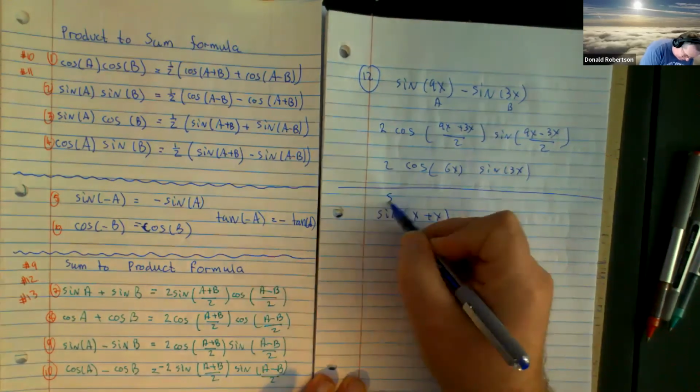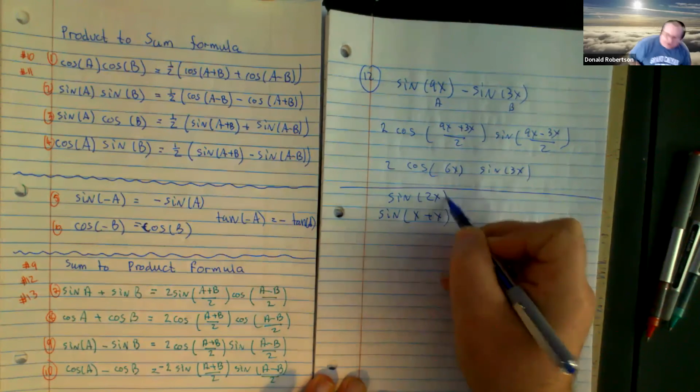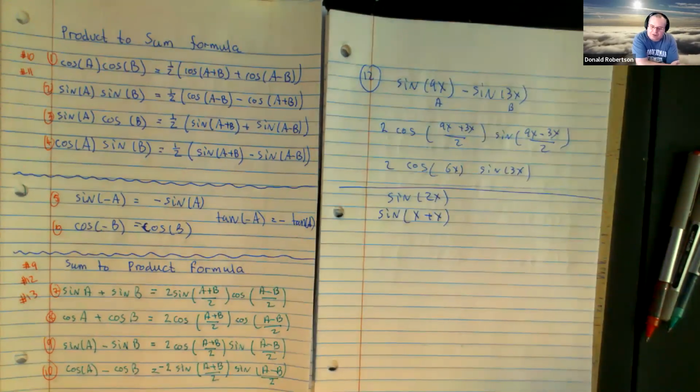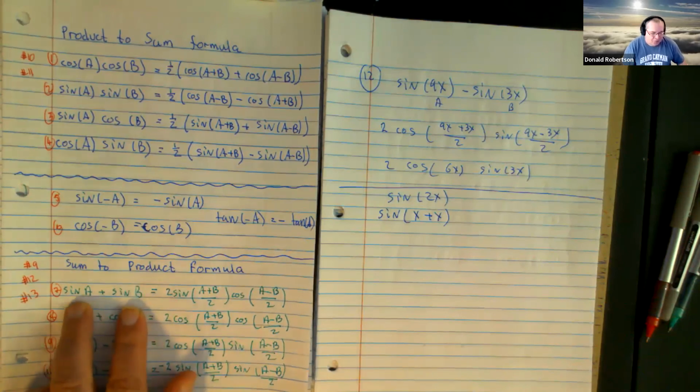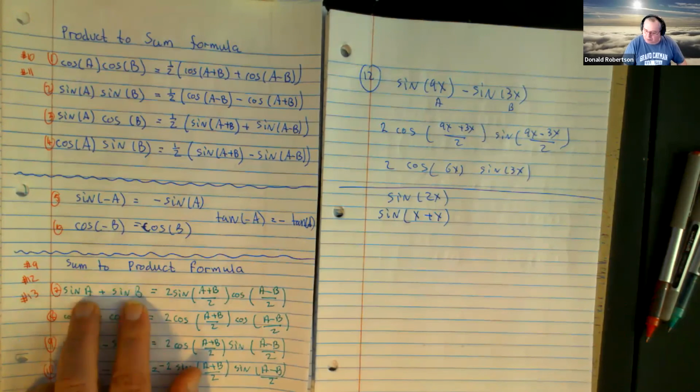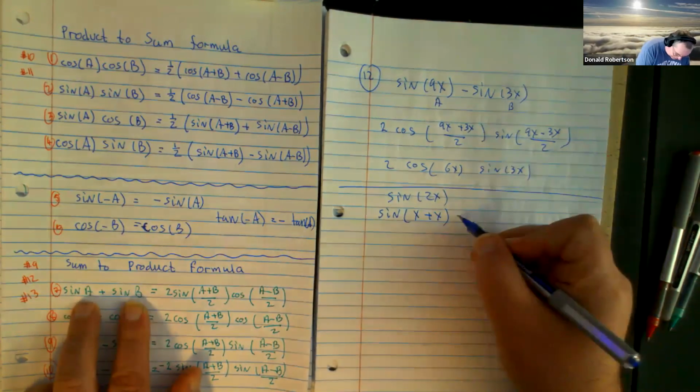Now, let me show you something. Isn't the sine of 2x the same thing as the sine of x add x? Agreed? And so if I did a sine plus a sine, wouldn't it be number 7 I should be using? And won't A and B both be x? So let's see what that looks like.